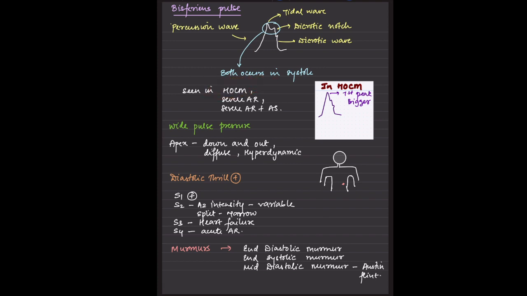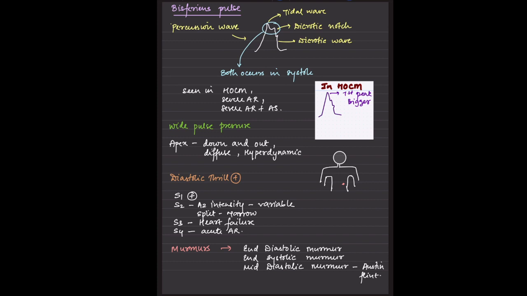HOCM we will be talking about later on, and AR with AS. Mostly in 2D echo we get these findings because of age factor, calcification, or degeneration taking place. And then we have a diastolic thrill, right? S3 and S4 in case of failure, we have already seen they could be present, but in S2 there would be a narrow split, and A2 would be of variable intensity.